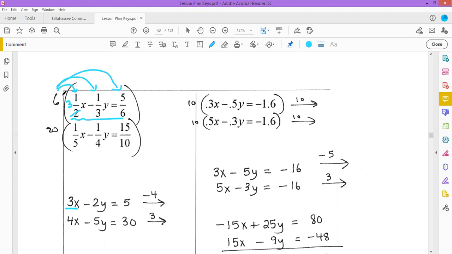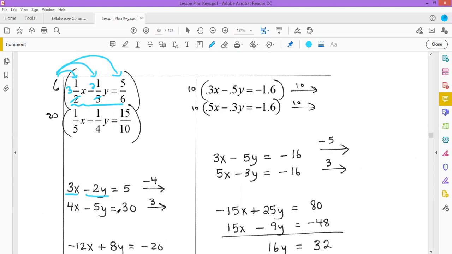That 3 can be divided into 6 2 times. So we have minus 2 in the numerator times the 1, and the y gives us negative 2y as our second term. And then on the right side of the equal sign, 6 and 6, those two cancel each other out, leaving 5 on the right side of the equation.